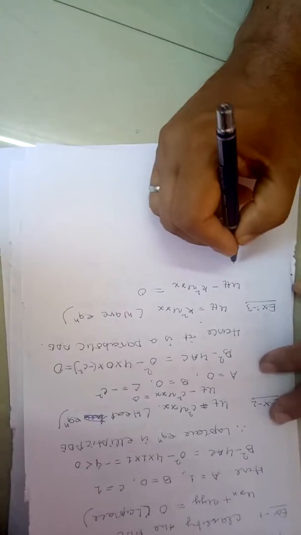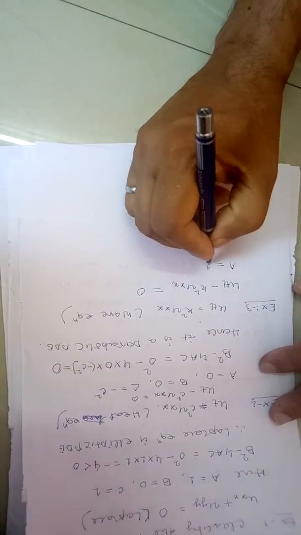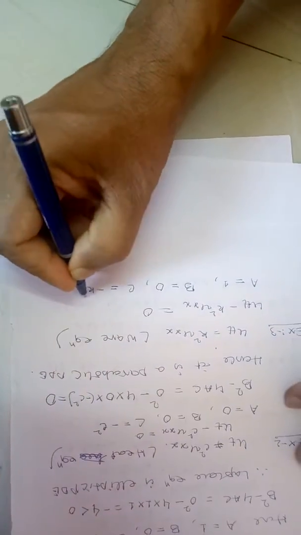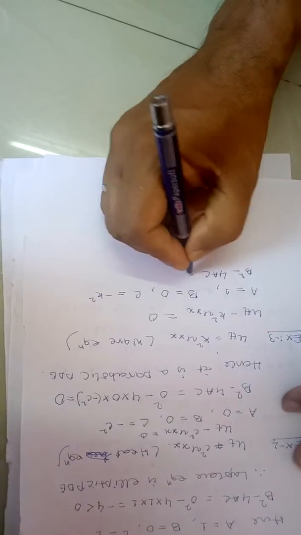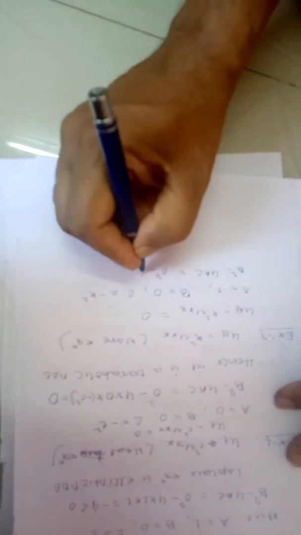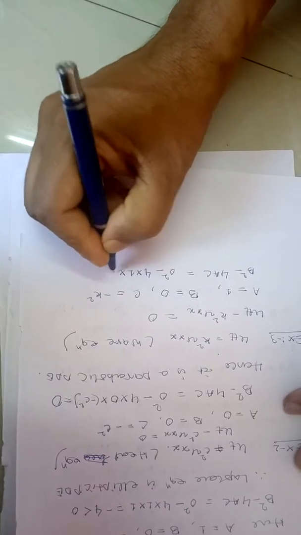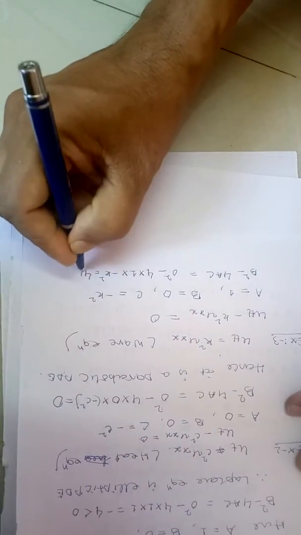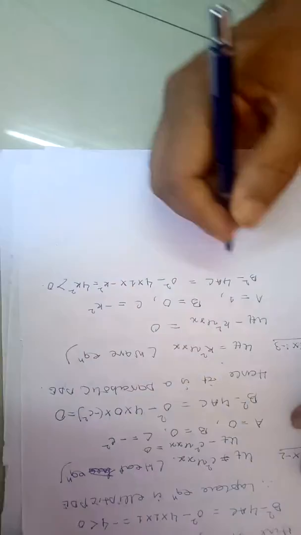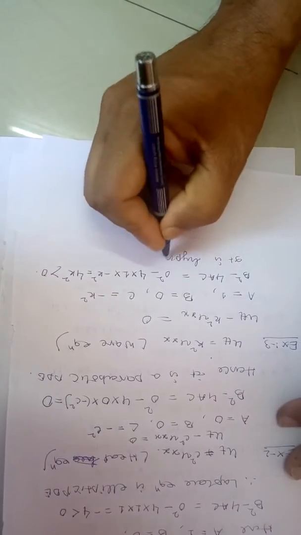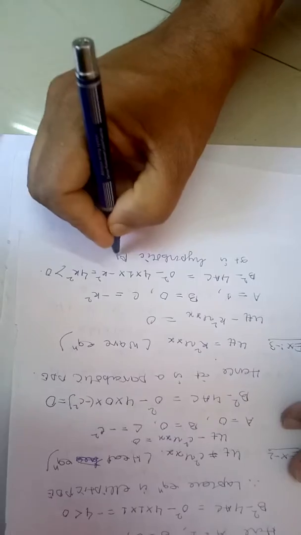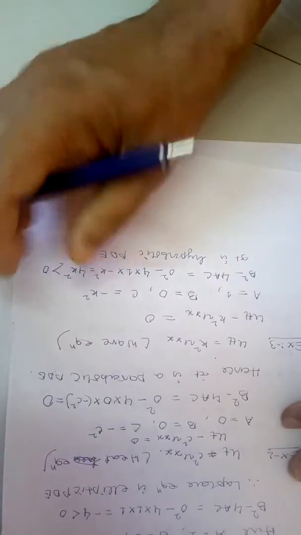Now here a equal to 1, b equal to 0, and c equal to minus k square, and so b square minus 4ac is equal to 0 square minus 4 into 1 into minus k square, which is nothing but 4k square, which is always positive, and hence it is a hyperbolic PDE.